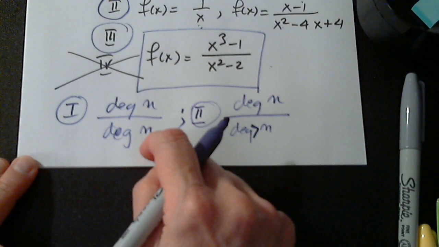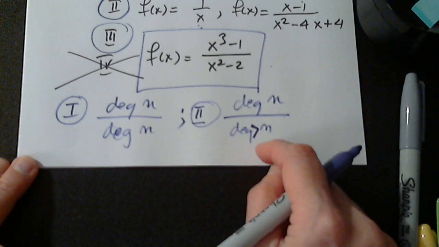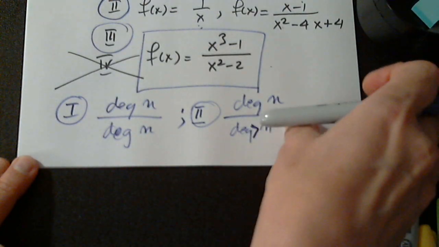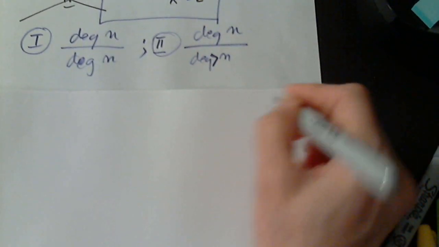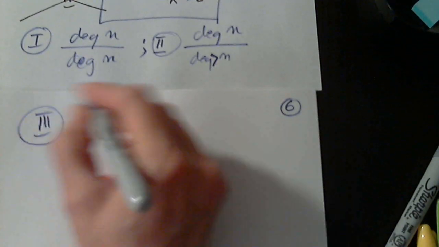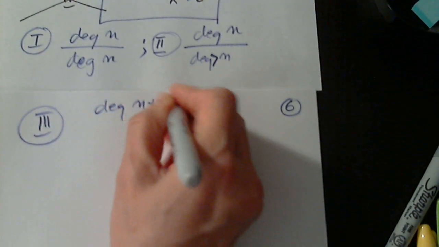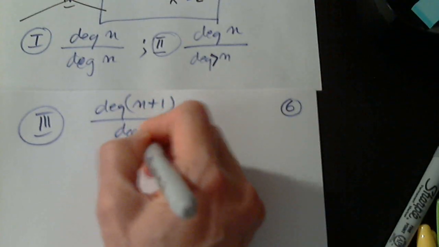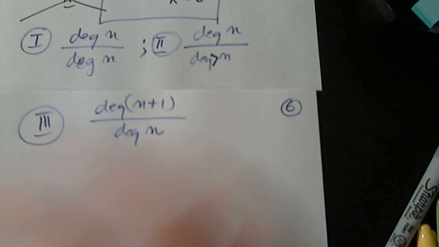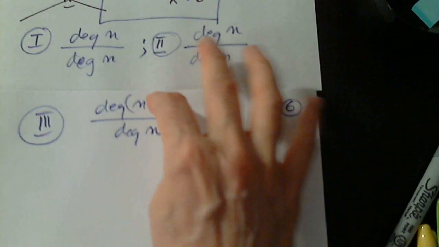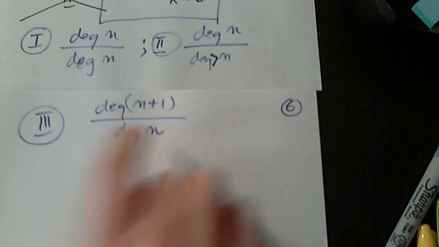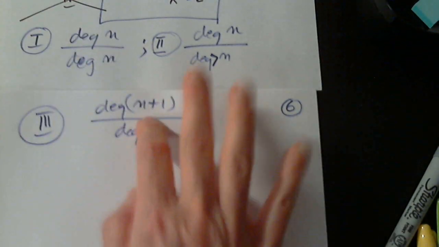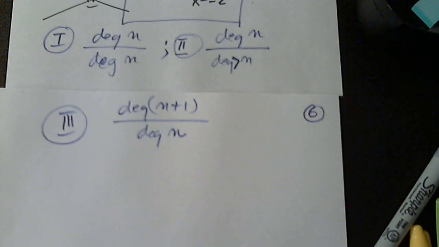And the last one, at the top, degree n plus 1. Degree 5, degree 4, degree 7, degree 6, degree 3, degree 2, degree 2, degree 1. And this is the most cumbersome to work with.